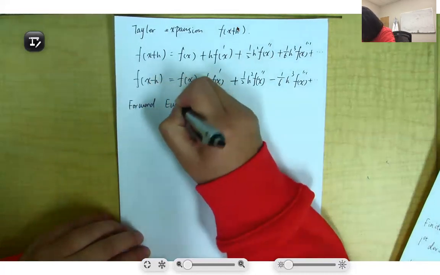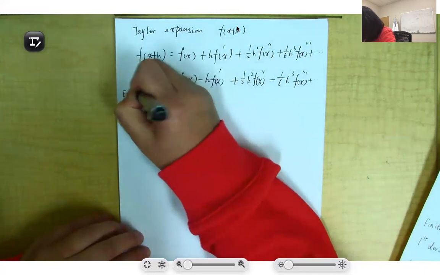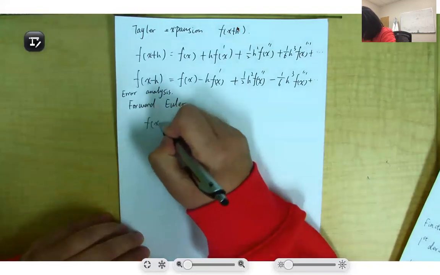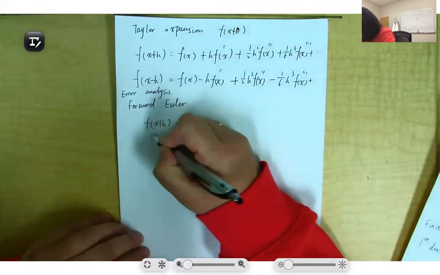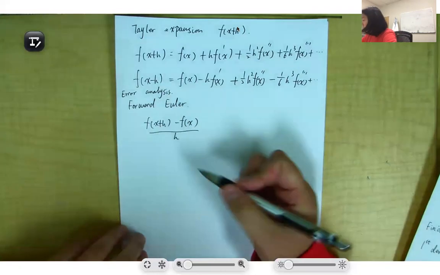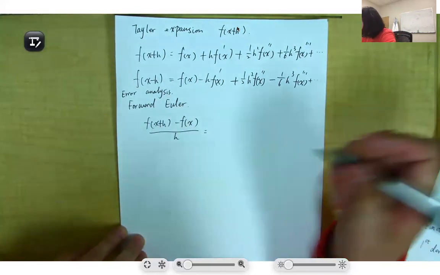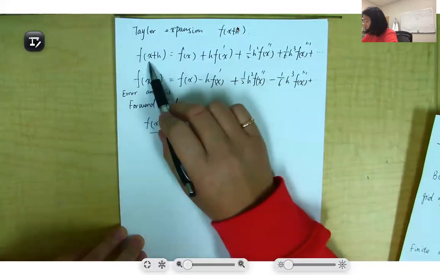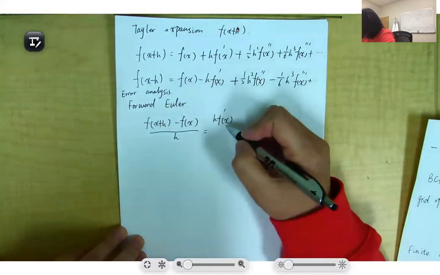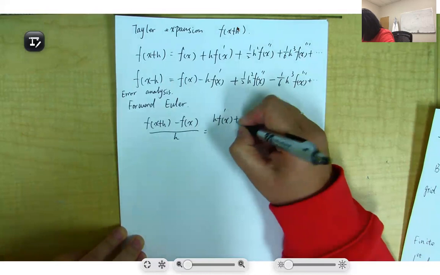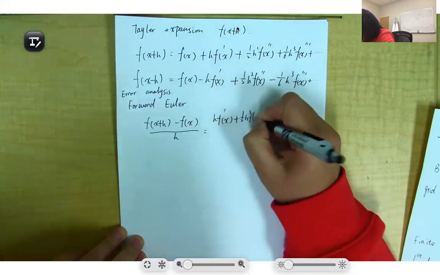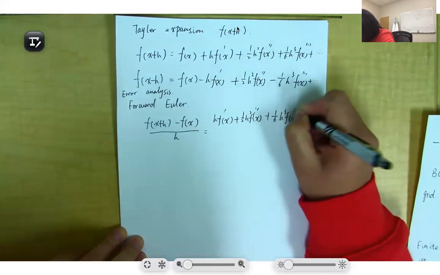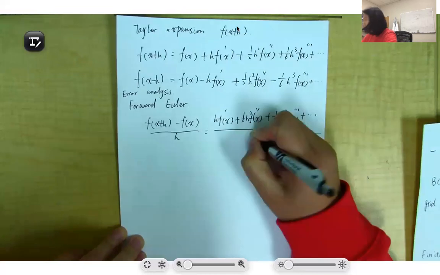Okay, so for the forward Euler, this is the error analysis. For the forward Euler, f(x+h) minus f(x) divided by h equals, f(x+h) minus f(x) is h f'(x) plus half h squared f''(x) plus 1 over 6 h cubed f'''(x) plus and so on, divided by h, right?